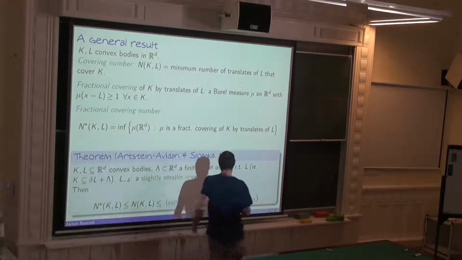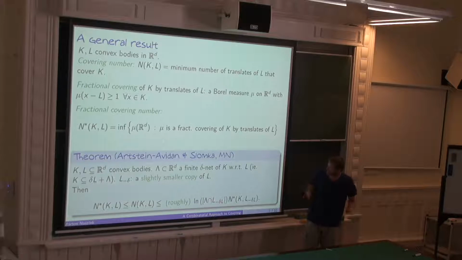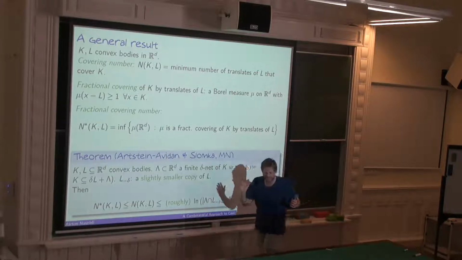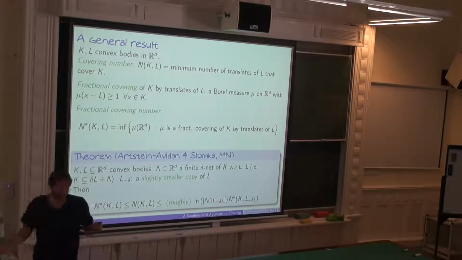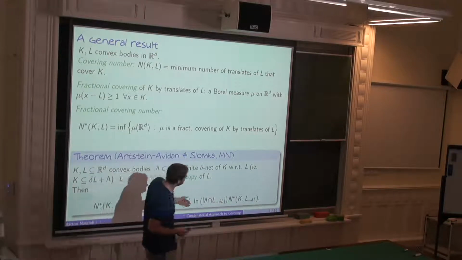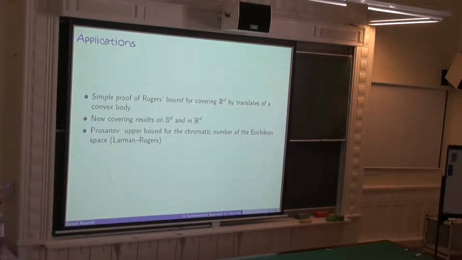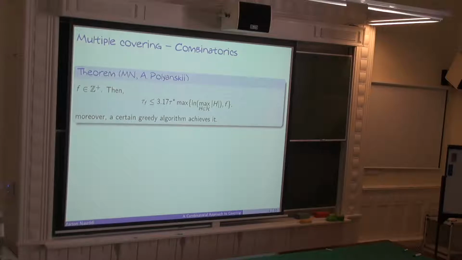The combinatorial part is this Lovász-Stein lemma itself, and the geometric question is to give a good fractional covering, or a good measure. Often this measure is just volume, but sometimes you can be smarter than just using volume. Computing or bounding n star is what I call a geometric problem, and using the Lovász-Stein lemma is just a combinatorial idea.